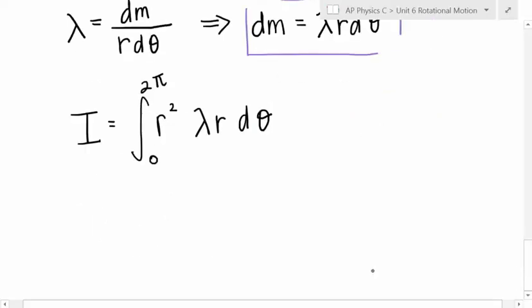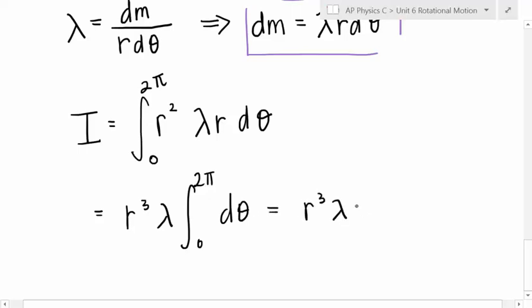Okay, so then I can combine the r's. Lambda is a constant. So we'd have what? R cubed lambda integral from 0 to 2 pi d theta. Is that correct? So then we'll have r cubed lambda times 2 pi is the moment of inertia.